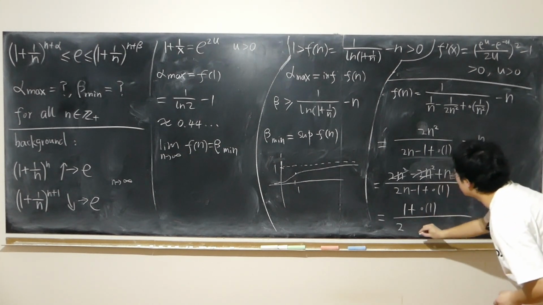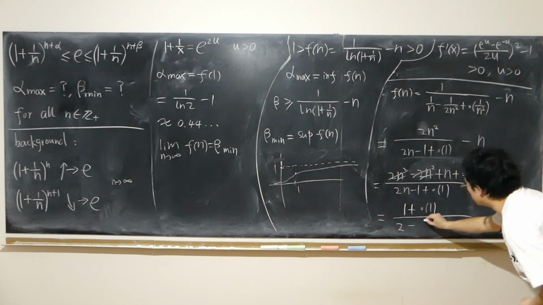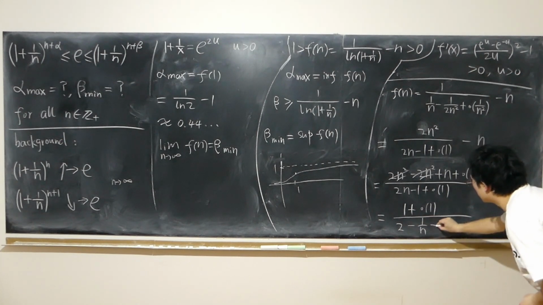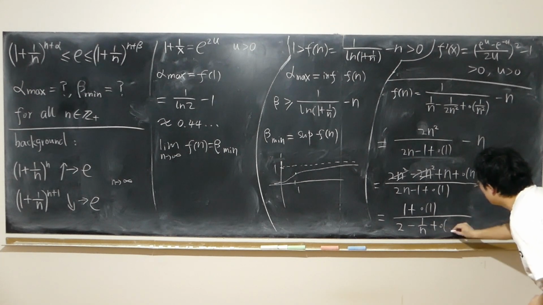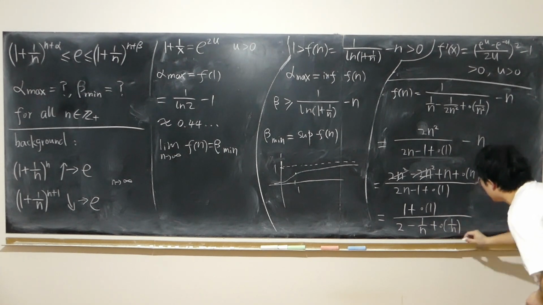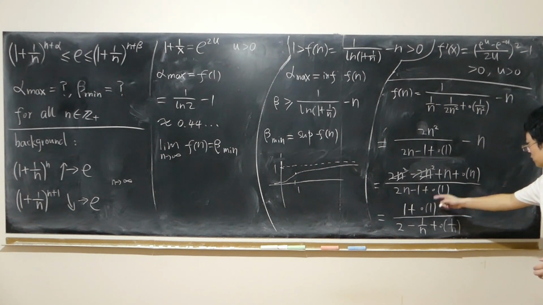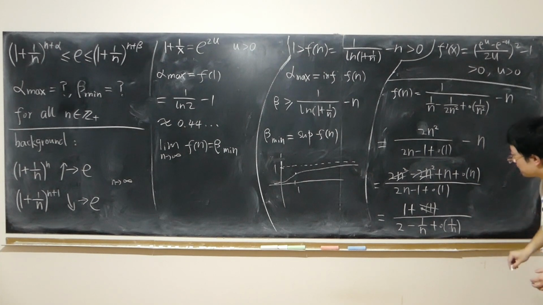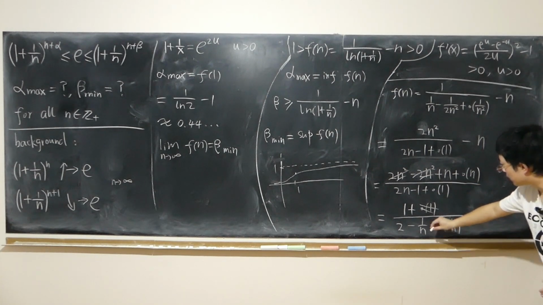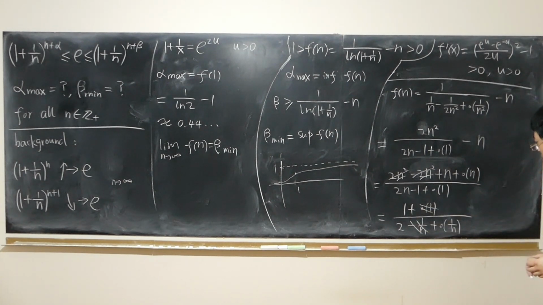And 2 plus minus 1 over n plus little o of 1 over n. And as n approaches infinity, little o of 1 approaches 0, 1 over n is gone, disappears. Little o of 1 over n, of course, disappears even faster.